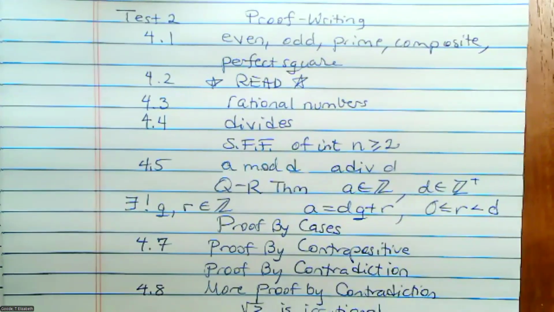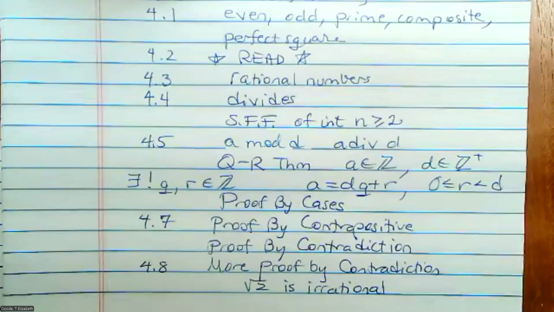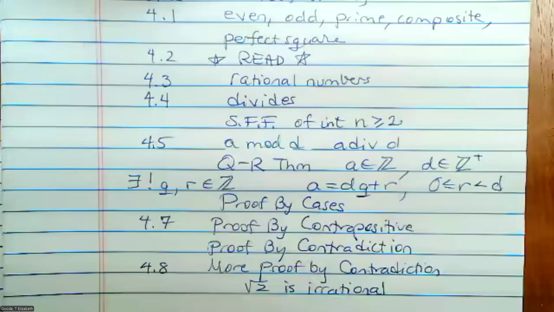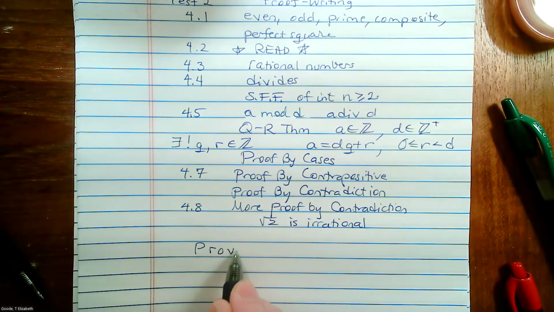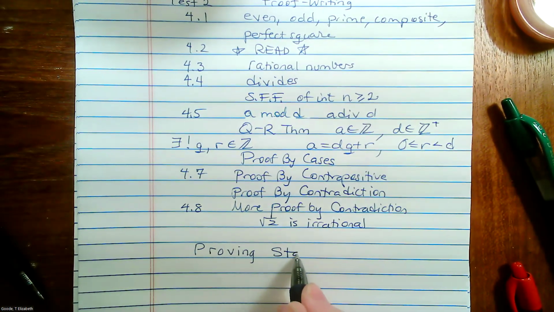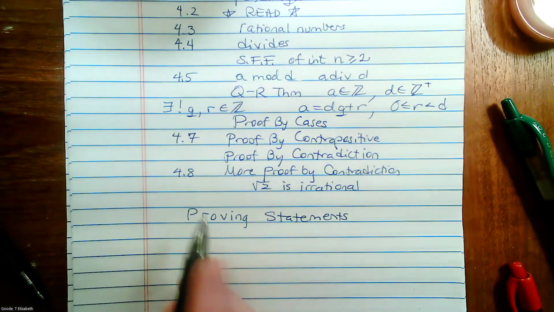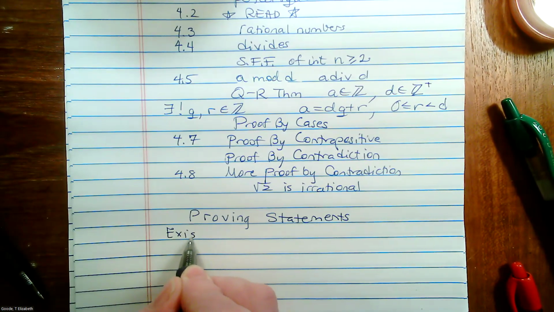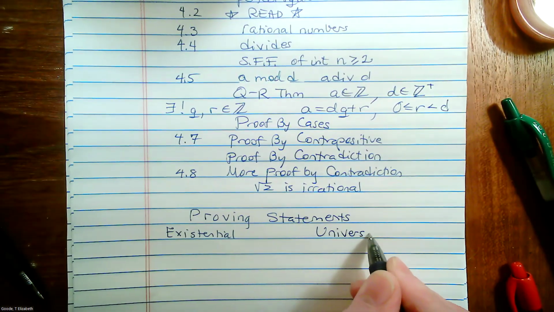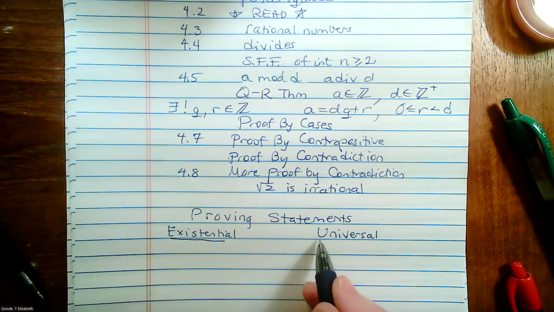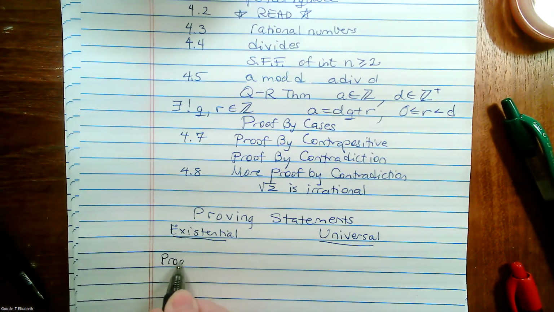I'm not going to ask you to prove the square root of 2 is irrational. Those are the main ideas that we need to know. It's all about proving statements, and there's two different kinds of statements, and how we prove a statement really depends upon whether it's an existential statement or a universal statement. The main difference is that for an existential statement, proof by example is okay.